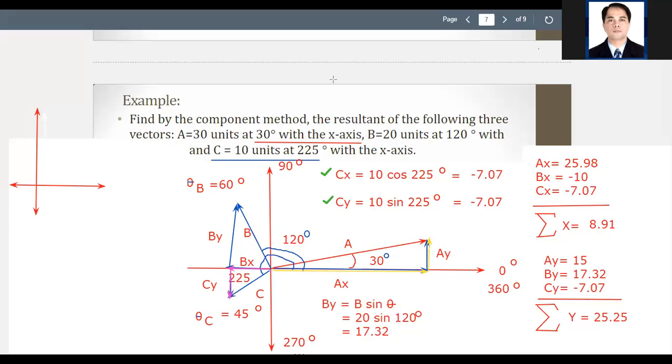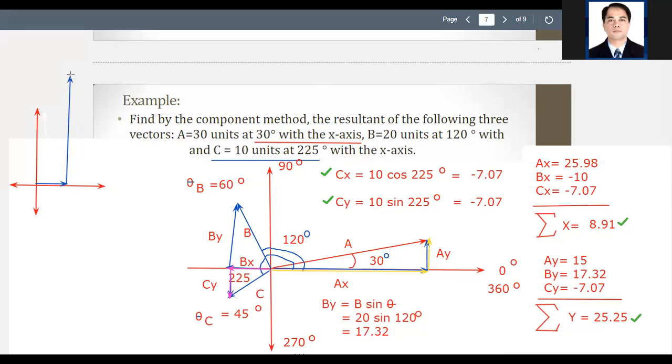So again, if we base it on our values of sum of x and sum of y, if we will draw a corresponding value that will picture out x, we can draw x to be going to the right. It's only 8.91, but our y value is going extremely high at 25. So maybe it appears this way.